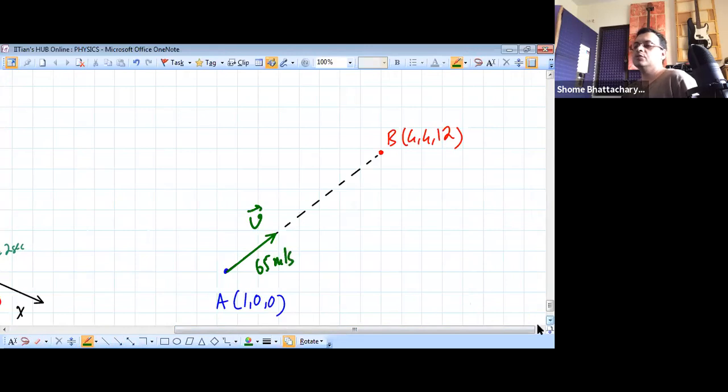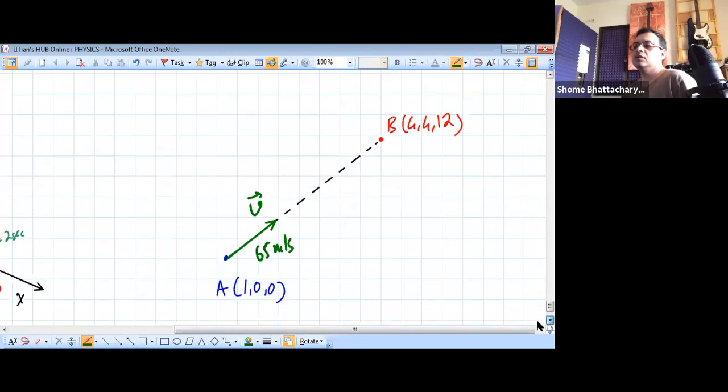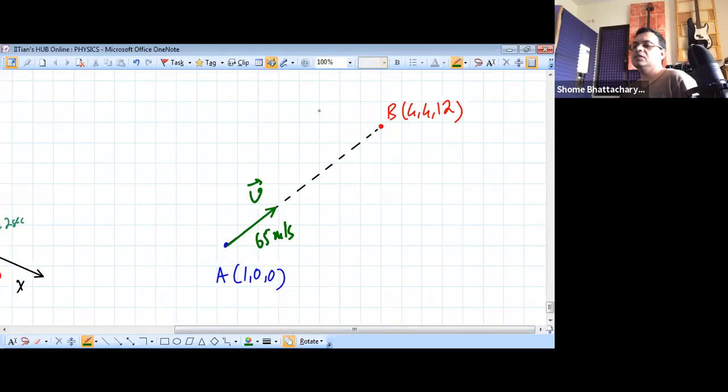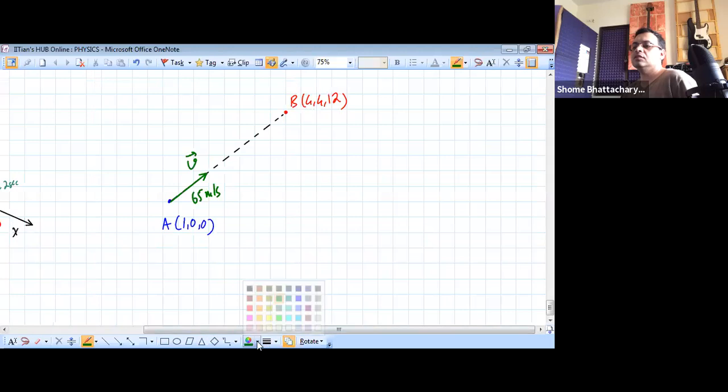Now we'll make use of something interesting that we notice here: the velocity vector is directed along the line AB. The velocity vector is pointing along AB.